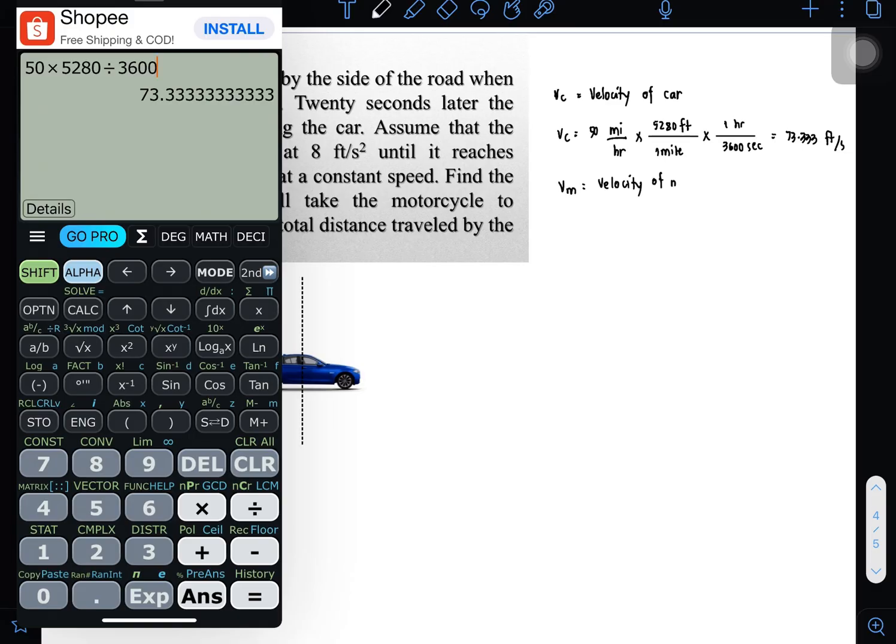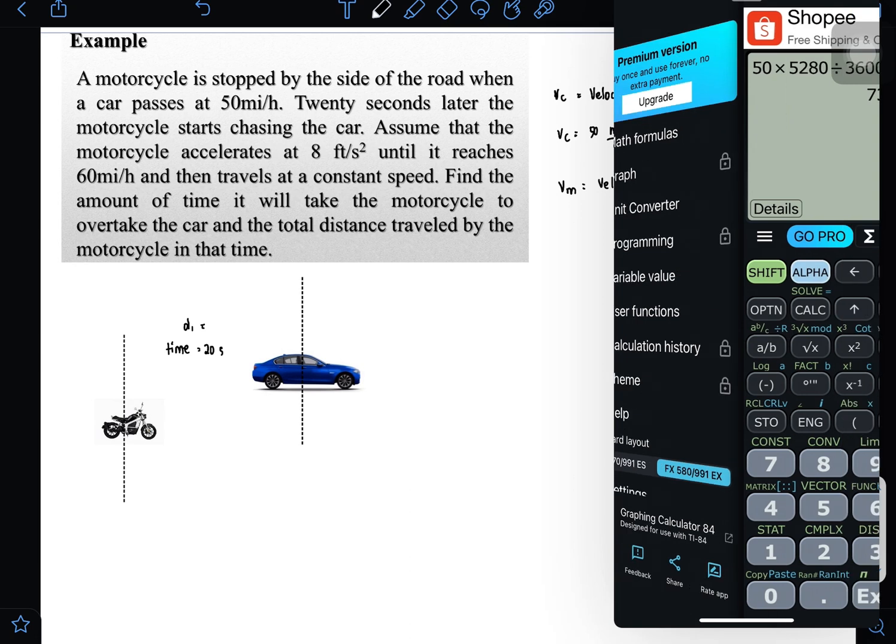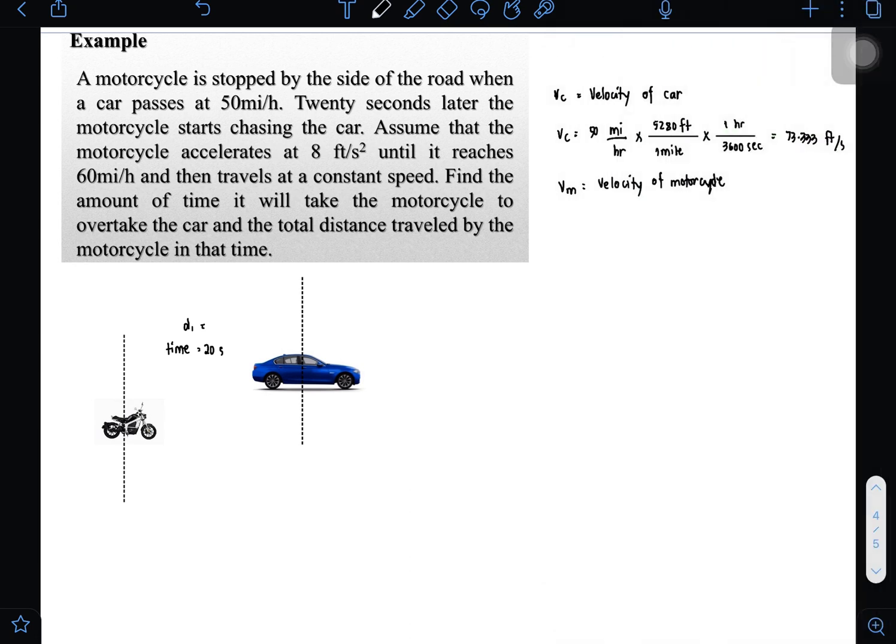And also, let's try to have Vm, or this is the velocity of the motorcycle when it reaches the top speed after using acceleration of 8 feet per square seconds. According to the problem, after the acceleration, it reaches 60 miles per hour.